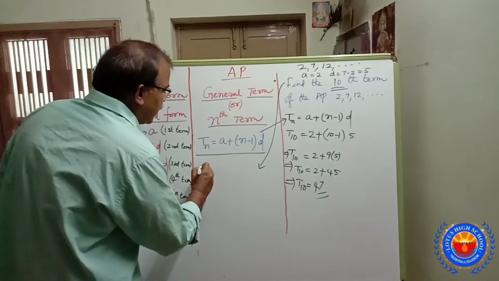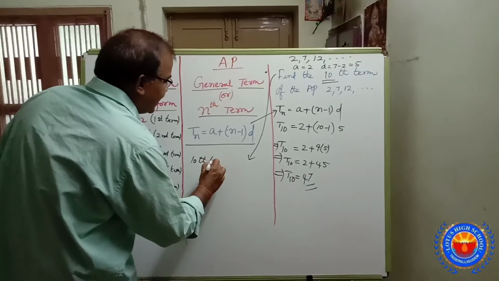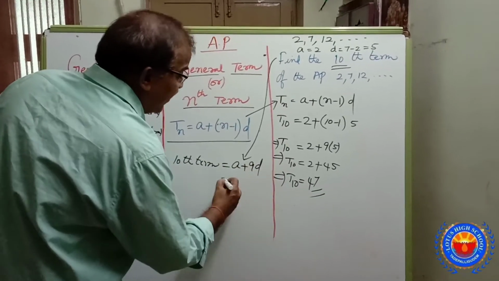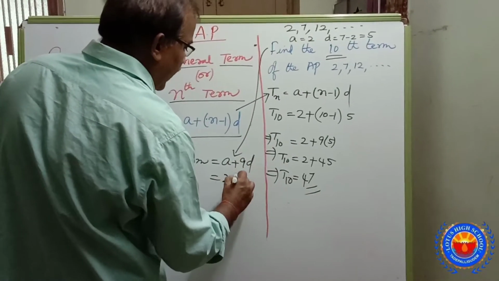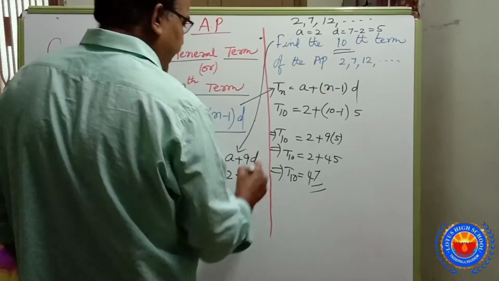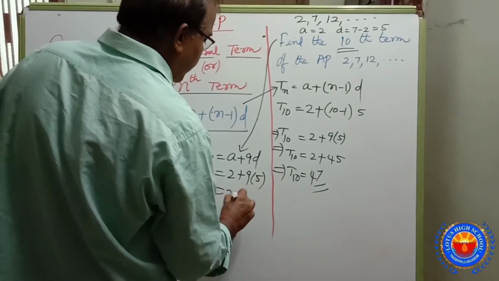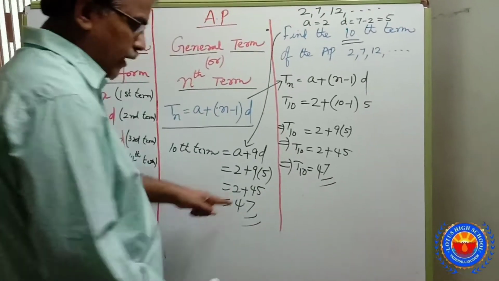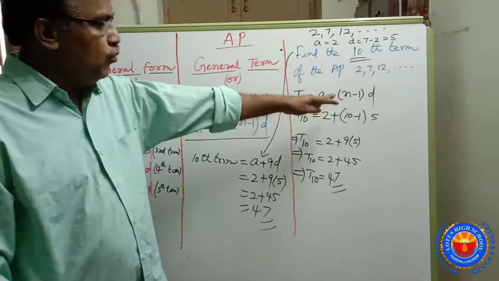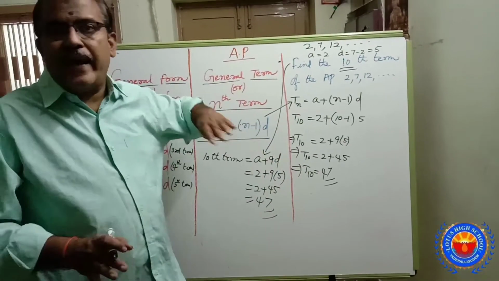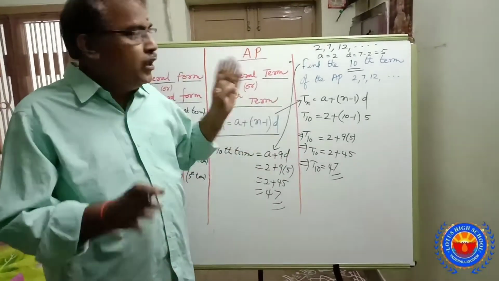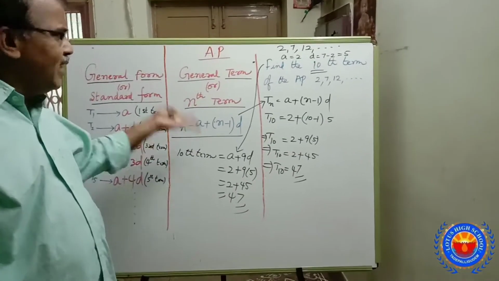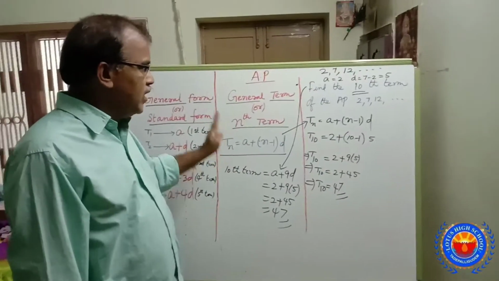With a equal to 2 and d equal to 5, it is 2 plus 9 fives, which is 45, so 47. You can do it like this also. Understand? I just revised these concepts. Today I am going to explain the sums based on the nth term formula, the general term formula only.